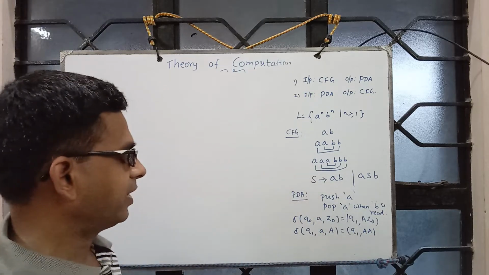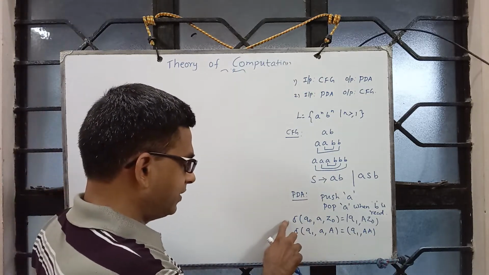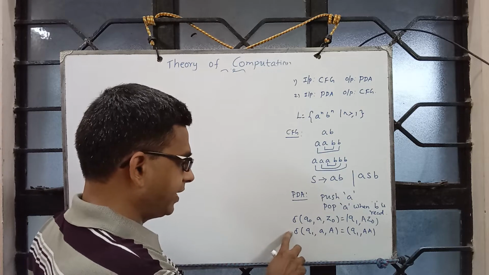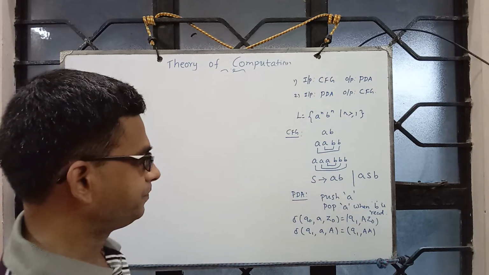So the first A is read with this, and the remaining n minus 1 A's are read with this.